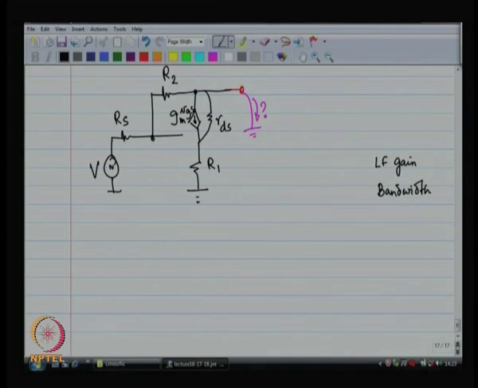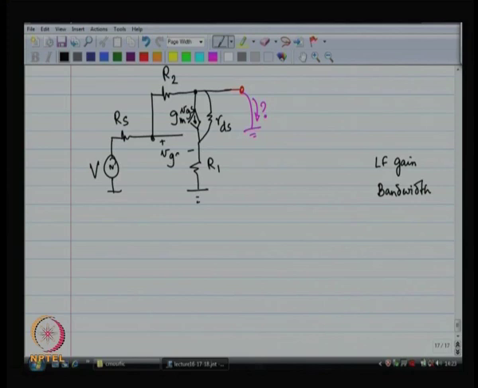Okay. If you also want to incorporate the body effect, then it is effectively going to be GM plus GMB. Fine. Okay. So, this is my situation.